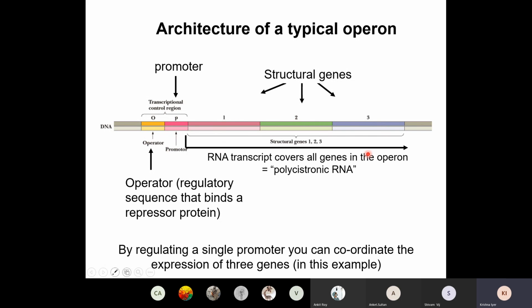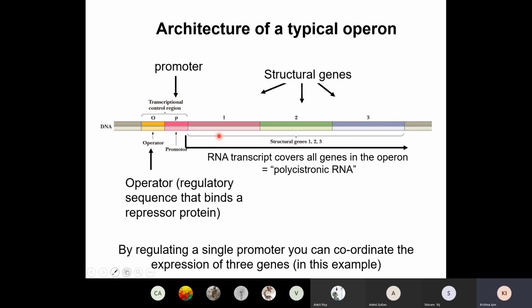Now in eukaryotes, we generally do not tend to have this system. And maybe the difference is that being more evolved organisms, we rarely find ourselves in a situation where we need to adapt so quickly in order to survive.